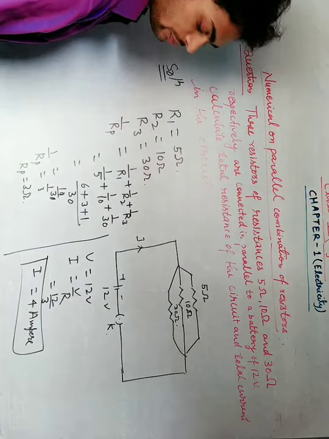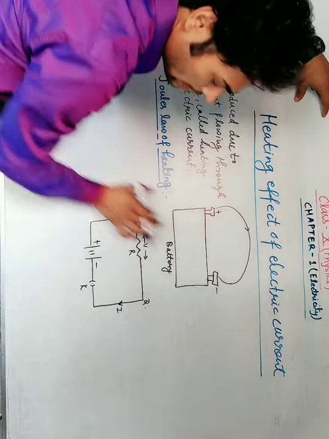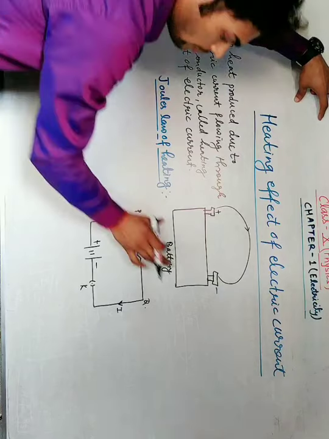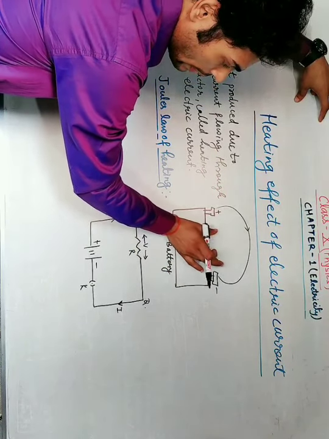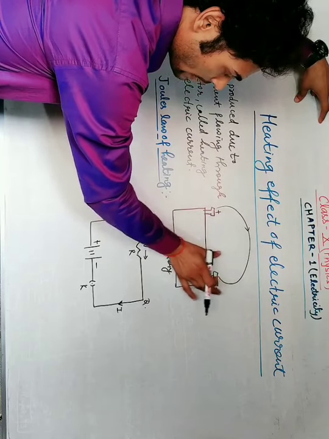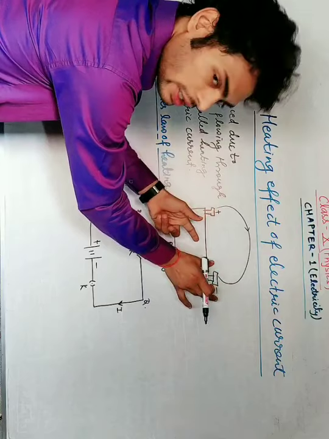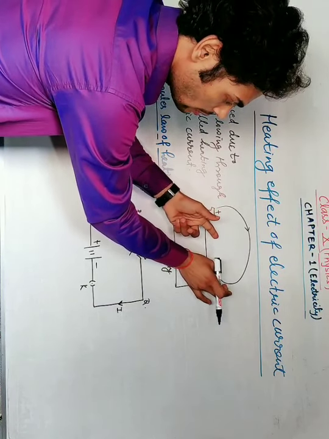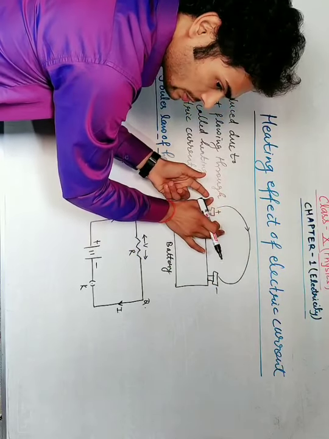Okay. Heating effect of electric current. We have a battery and we have a wire connected to this battery, positive to negative direction. Current always flows from the positive direction to the negative direction, and electrons flow from the negative direction to the positive direction.